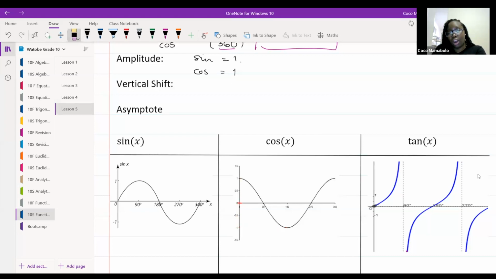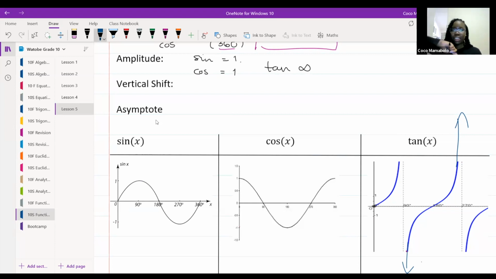The tan graph doesn't have an amplitude. The amplitude of a tan graph is infinity. Because if you think about it, the graph doesn't curve and come back down, it goes on forever in both directions.